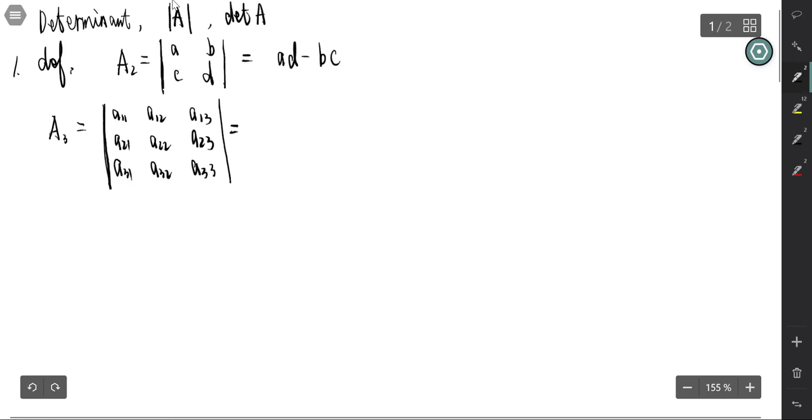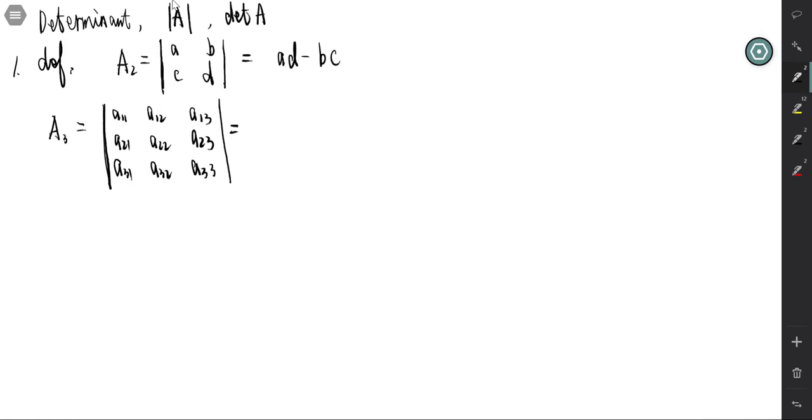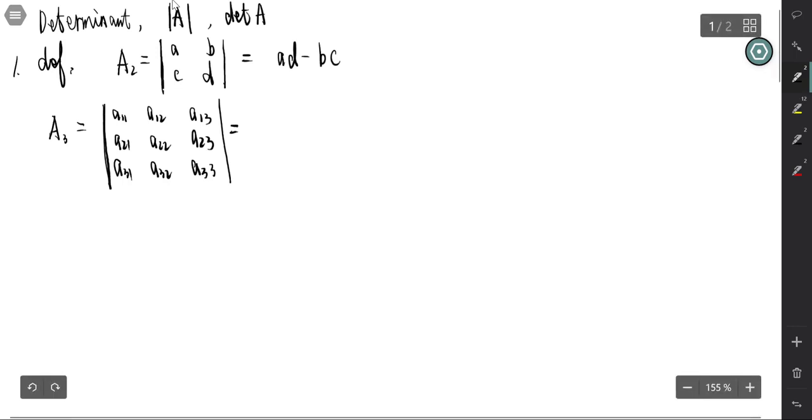For order 3 or higher-order determinants, we use determinant expansion.